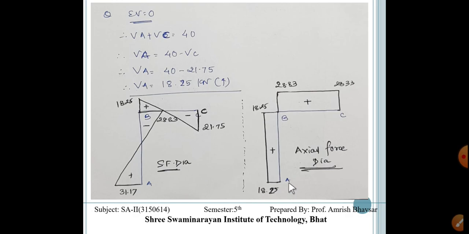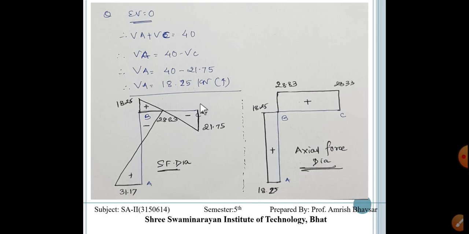So now, dear student, it is a simple frame, that is a non-sway frame, and it must be calculated with the help of a simple beam. The diagram is a little bit different from what we have understood over here.